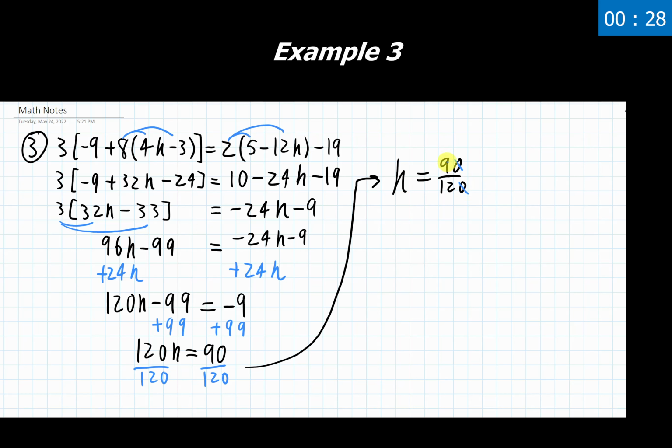I effectively have 9 over 12. Both of these can be reduced by 3, and that's going to give me 3 over 4. So when I'm getting h is equal to 3 over 4, I'm getting a single answer, one single value will make the statement true, and that tells me, just like we did in number 2, that I have a conditional equation here.